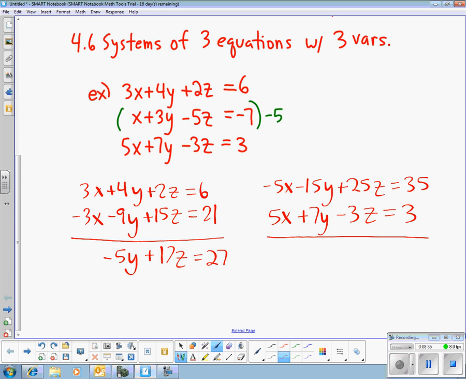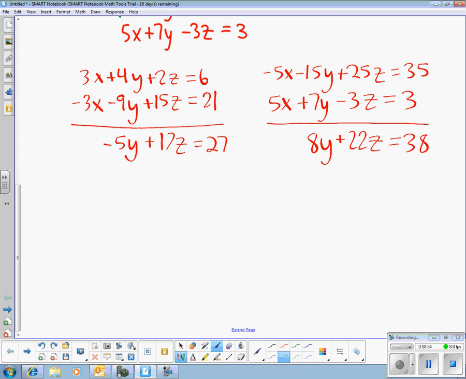When I add these 2 together, I get -15 plus 7, which is -8y, 25 minus 3, which is plus 22z, equals 38. So again, I've created a true statement involving y and z, and now this is the system of equations we have been dealing with. We've been doing systems with 2 equations and 2 unknowns. I'm not going to rewrite it just yet.